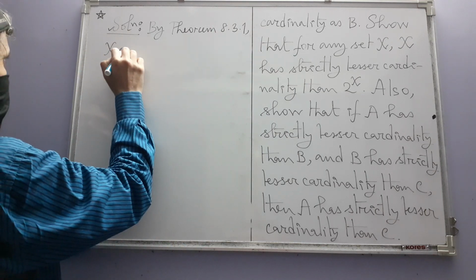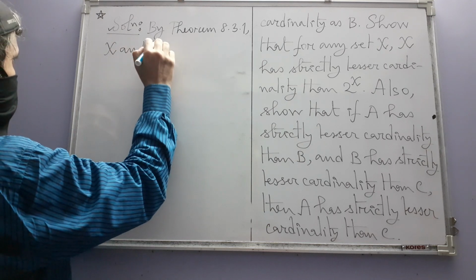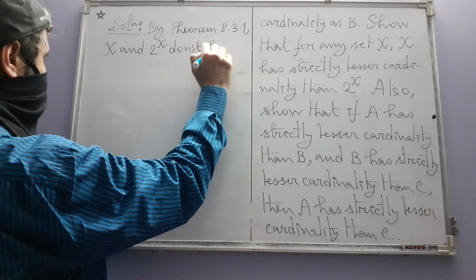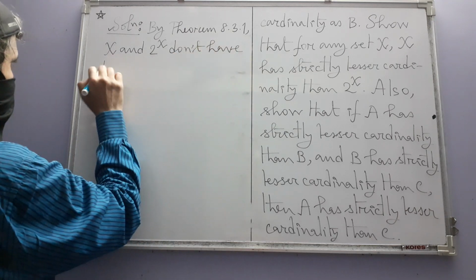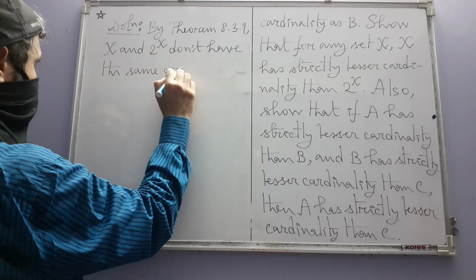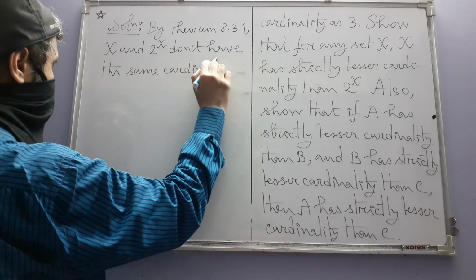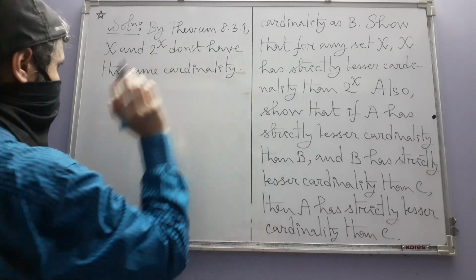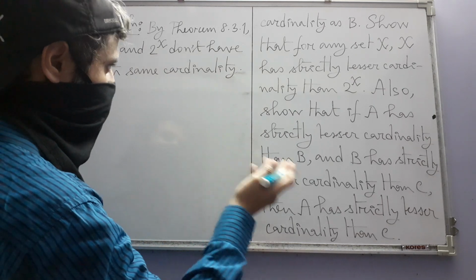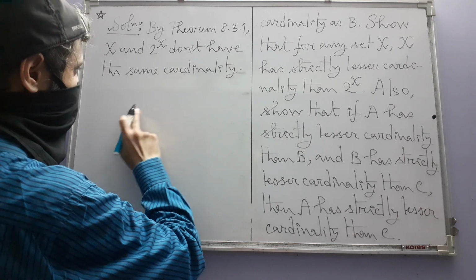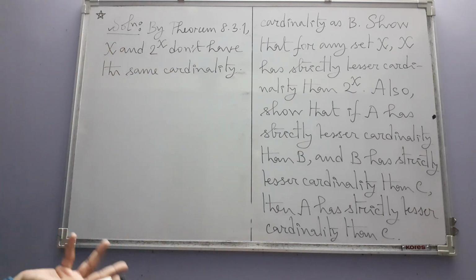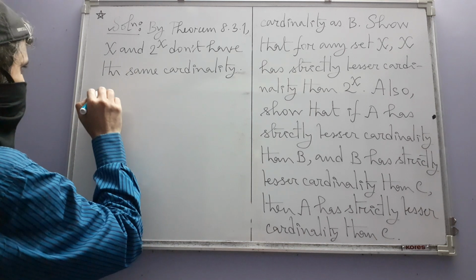X and its power set don't have the same cardinality. So to prove our thing, it's enough to show that there is an injective function from X into this, because then the strictness of cardinalities will be established.